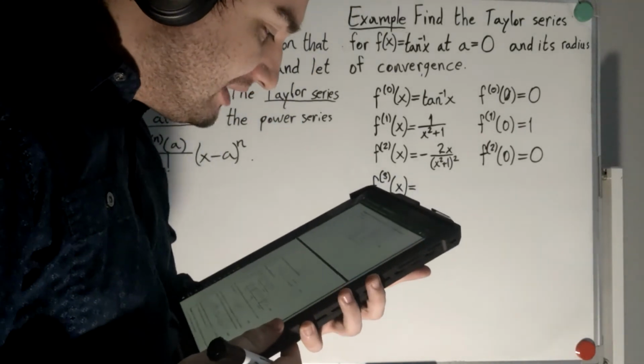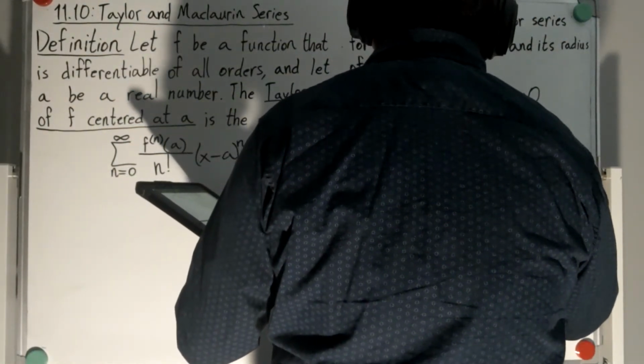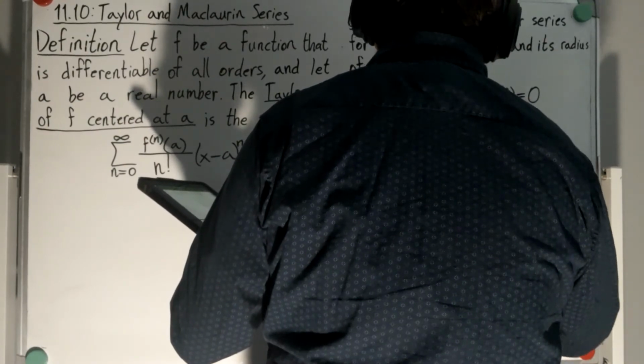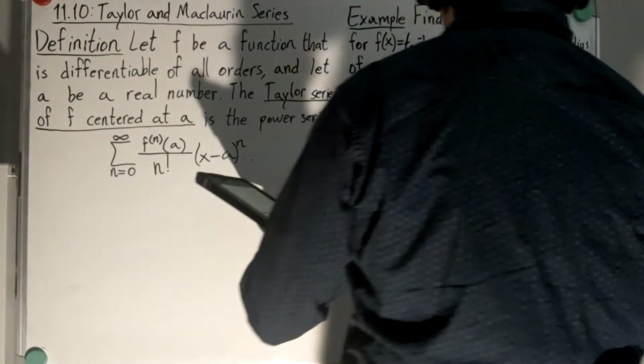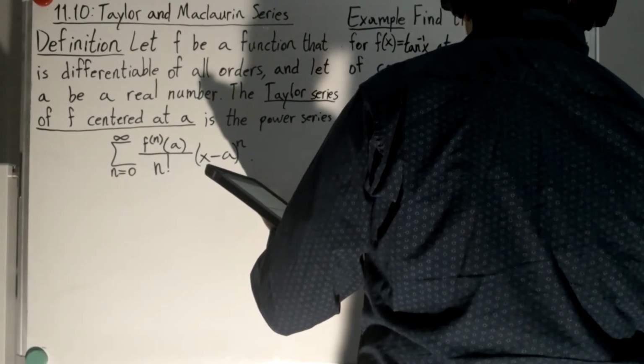It turns out to be (6x squared minus 2) divided by (x squared plus 1) cubed. You evaluate this at 0. So third derivative evaluated at 0. This turns out to be negative 2.